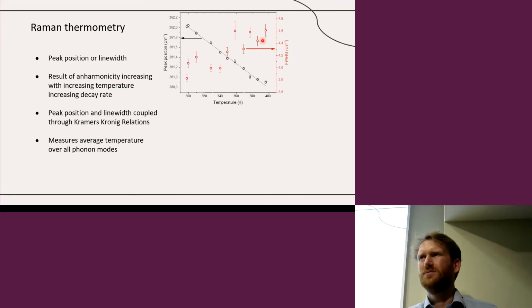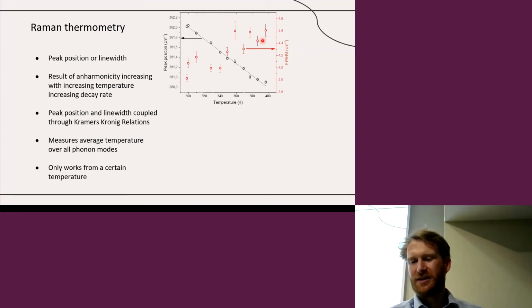So even if the system is very much out of equilibrium, with certain phonon modes excited more than the other phonon modes, because this is looking at the anharmonicity, we are effectively measuring the average over all phonon modes. We are measuring the average of the entire system.